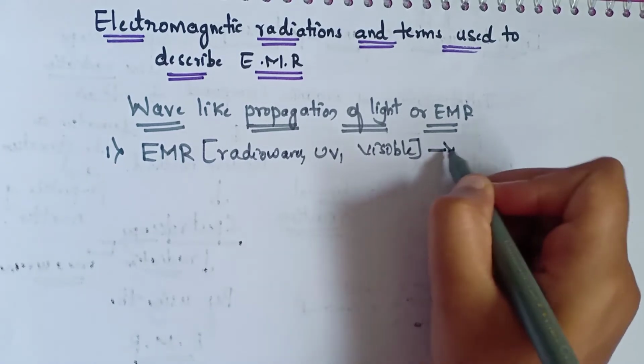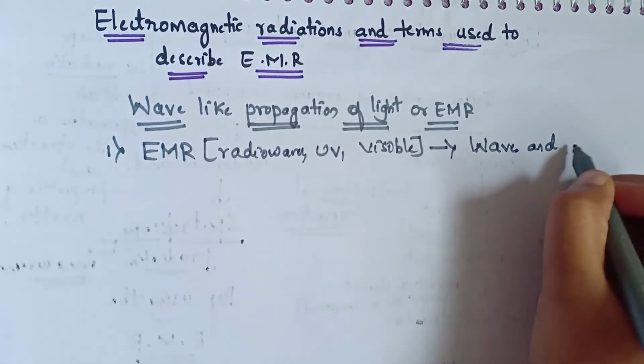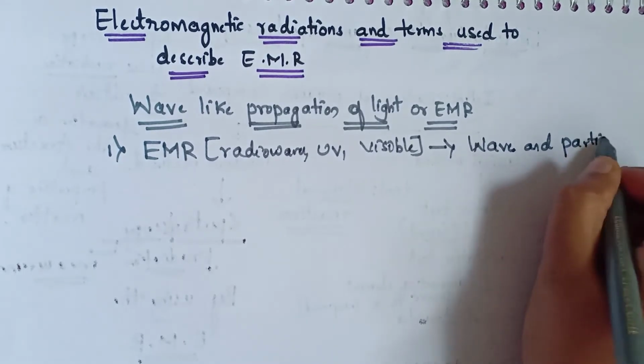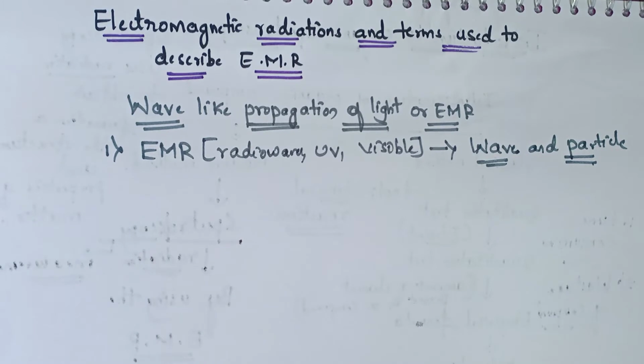These have both the properties of a wave and a particle. That means electromagnetic radiations will behave as a wave and a particle.